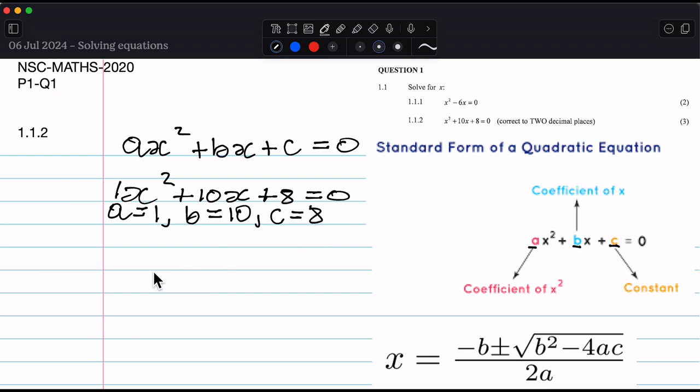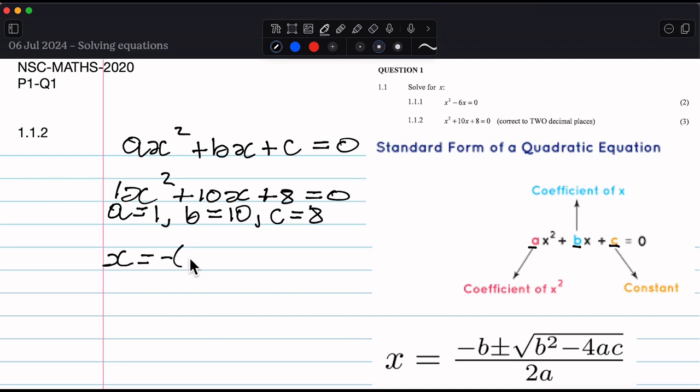Right, now we are ready to substitute our values into the quadratic formula. So here's our quadratic formula right there. So let's go right ahead and put those values in there. Okay, so this will be minus. I like to use brackets just in case, it's a habit. Sometimes the b value will be negative, and I don't want you to be confused with the signs.